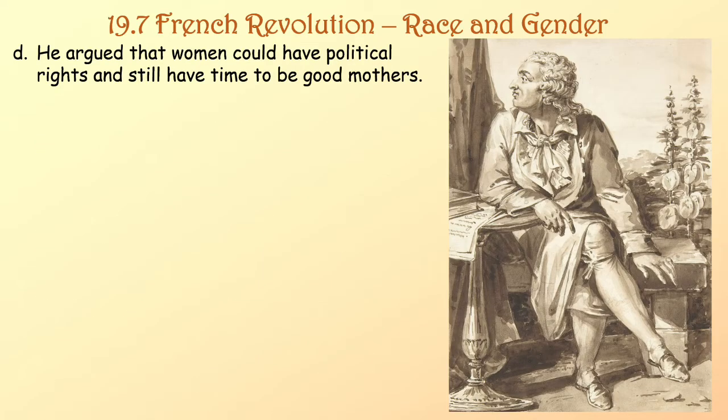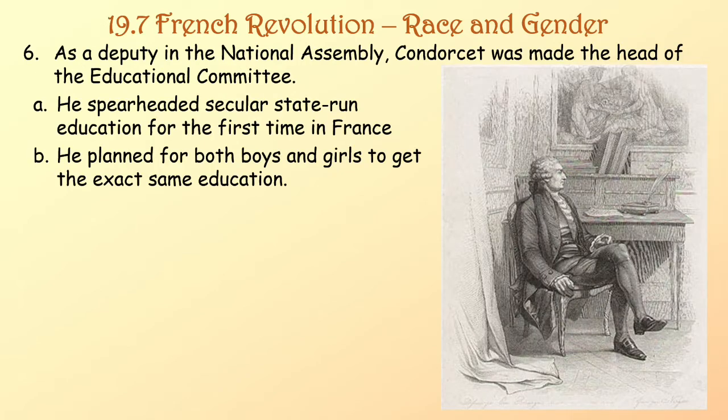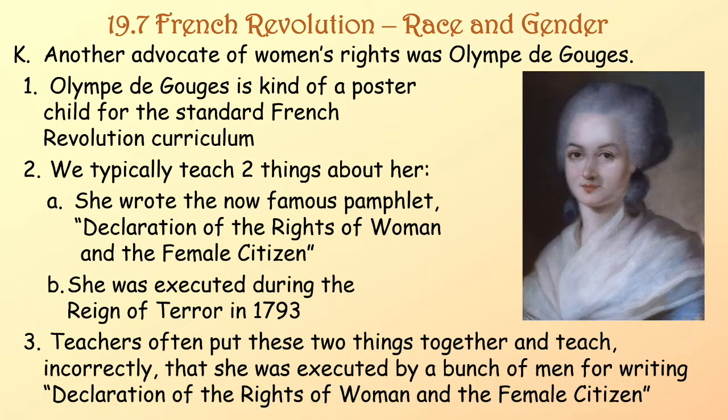And finally, Condorcet argued that women could have political rights and still have time to be good mothers. As a deputy in the National Assembly, Condorcet was made the head of the Educational Committee, and he spearheaded secular, state-run education for the first time in France. He planned for both boys and girls to get the exact same education.